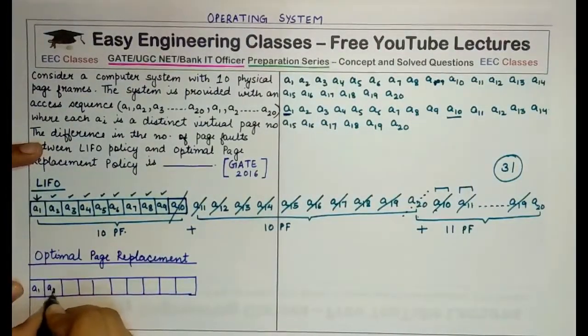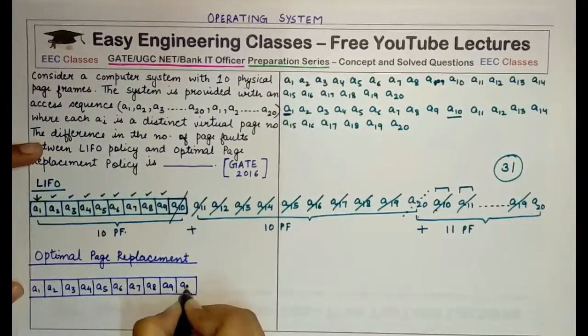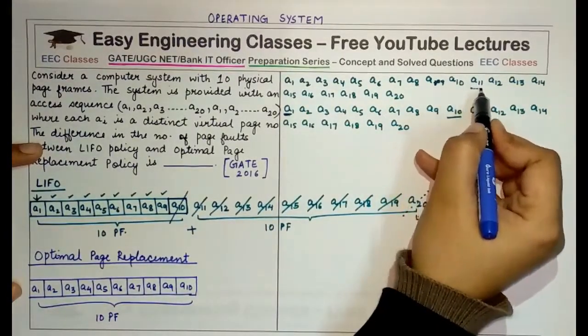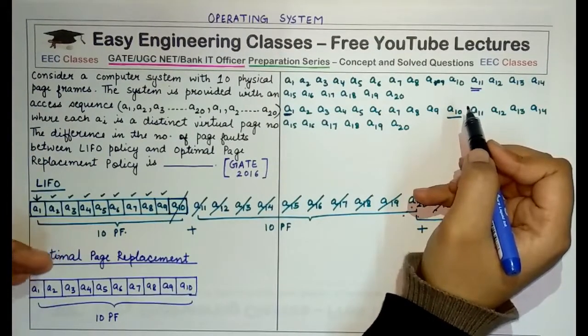Therefore, they would be brought into the frame set and put into these frames without any replacement because empty frames are present at this time. Since they are not initially present, they cause 10 page faults, one page fault for each page. Now, when we have to put A11 into one of the frames, we need to replace one page, and what replacement policy would we use?